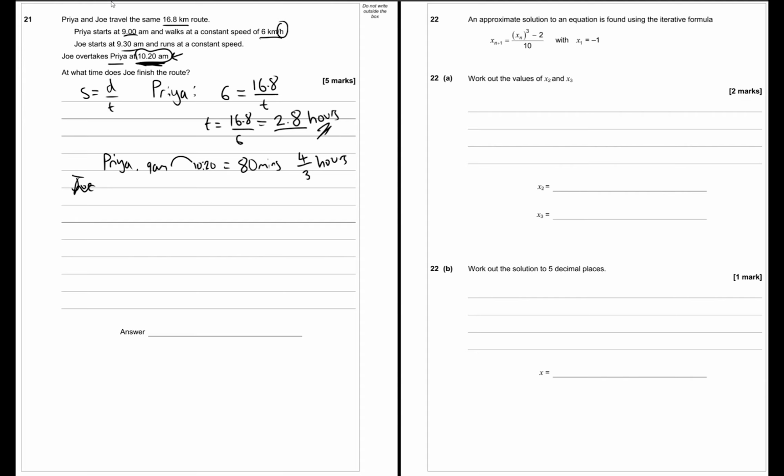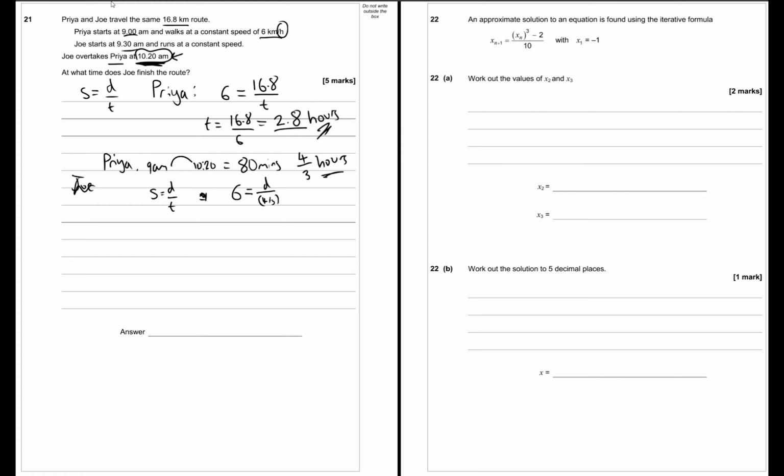So after 4 over 3 hours, we want to work out her distance, don't we? We've got a time and we've got a speed. So let's use speed equals distance over time, and we can substitute in her speed of 6 kilometers an hour. We don't know her distance, which is what we want to find out, but we do know her time, which is 4 over 3.